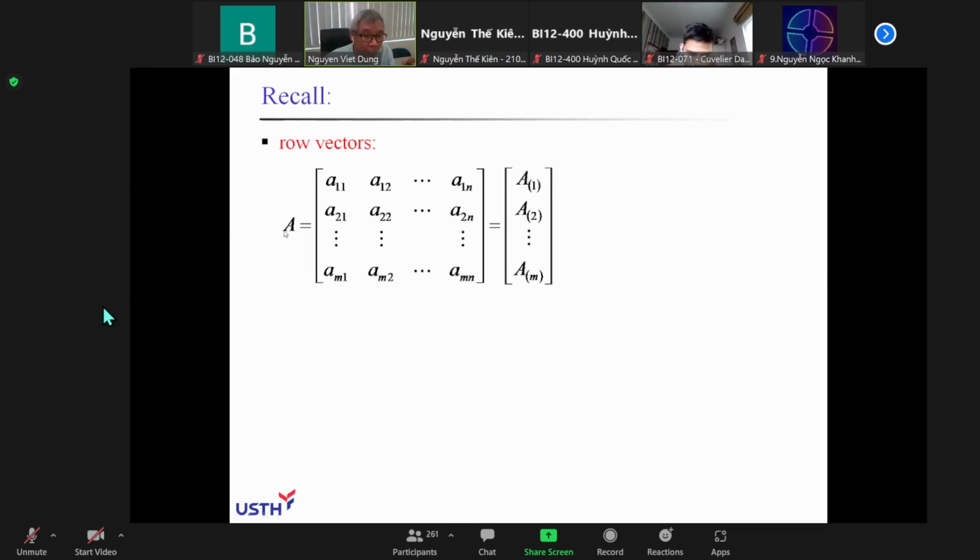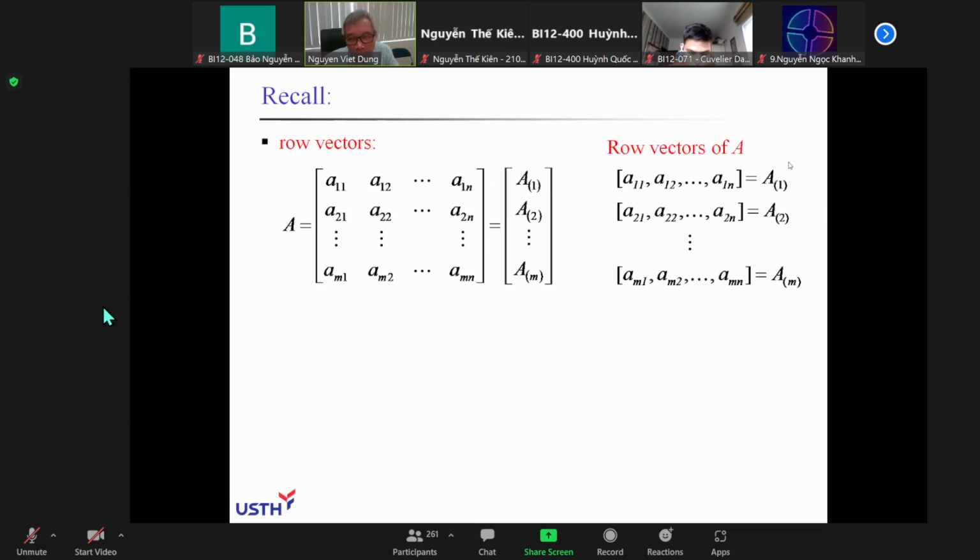Suppose that we are given a matrix A of size m by n, m rows and n columns, and we can divide A into rows. So it has m rows, A1, A2, up to Am, and we write them as row vectors or row matrices. A1 is the first row, A2 the second row, and Am the m-th row.